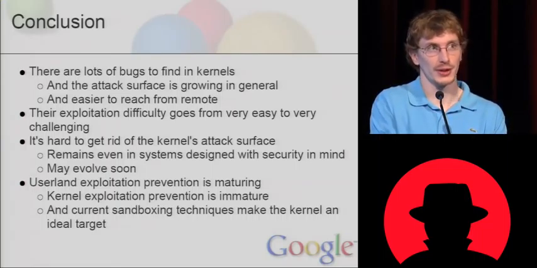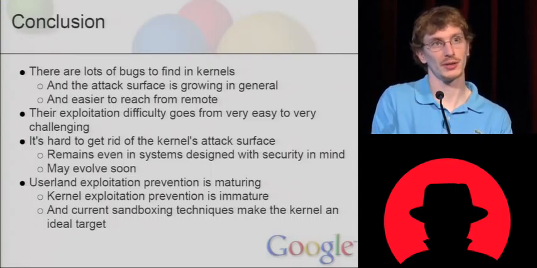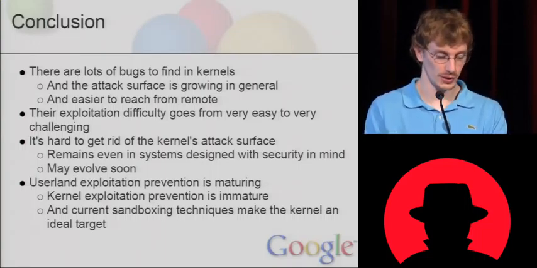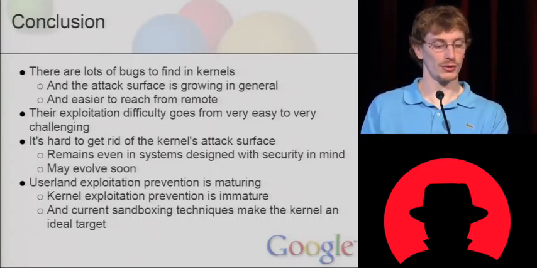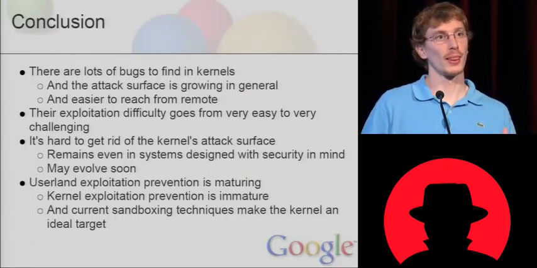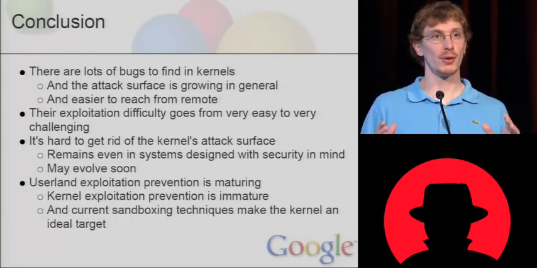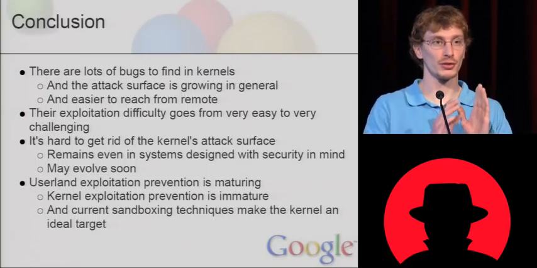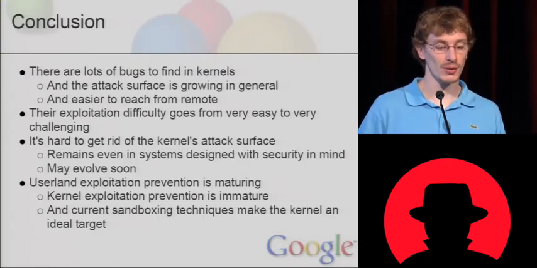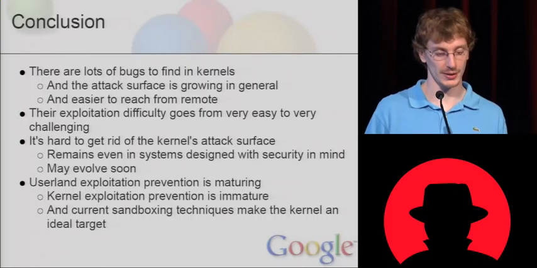And the really interesting thing that's not necessarily expected is it's actually easier to reach this attack surface remotely. If you attended our talk on virtualization at PacSec, we said a similar thing for virtualization, because for performance reasons, people want to design systems so that everything goes through as fast as possible to the hardware. And there is more and more low-level attack surface exposed remotely, which might be unexpected.